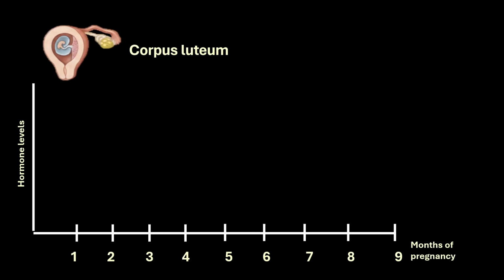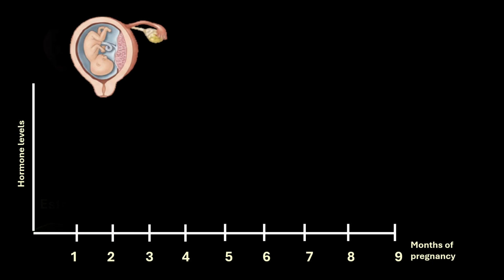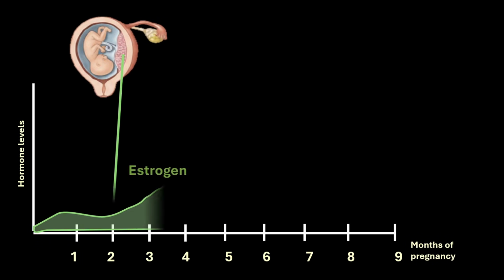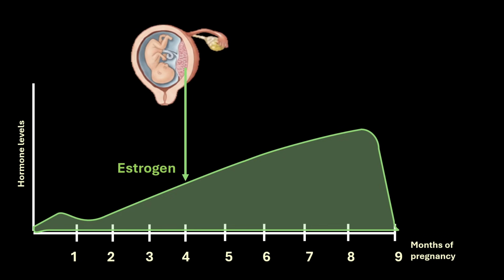We learned previously that during early weeks of pregnancy, the corpus luteum produces both progesterone and estrogen. But by around 12 weeks or 2 months of pregnancy, the placenta becomes fully functional and now begins to produce estrogen on its own.